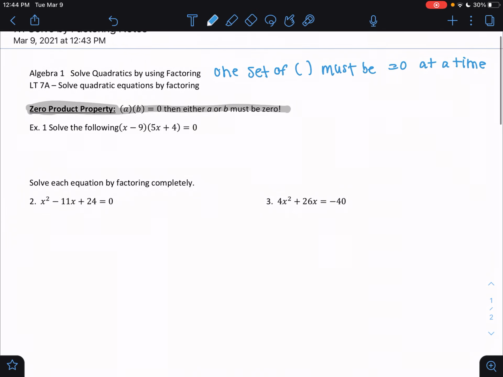So for example, on the first one, we want to solve these, right? To get it to equal 0, one of these has to be 0, like we said before, or we could have it the other way around. And how do we get this to be 0? Well, we need to set each of those parentheses equal to 0, and then solve.